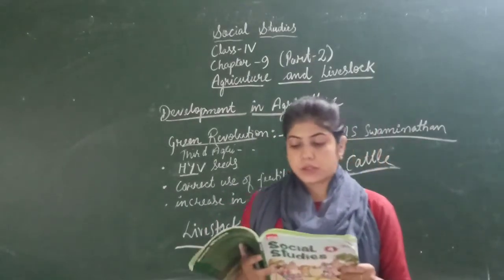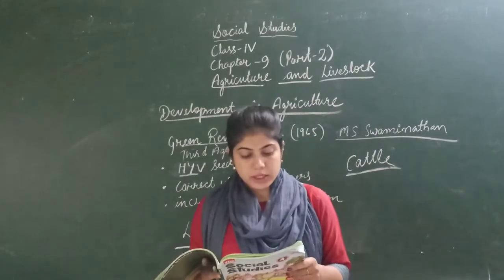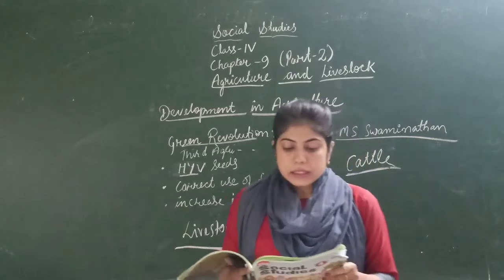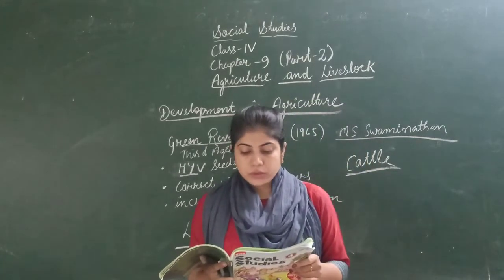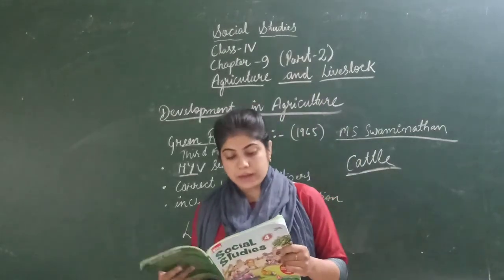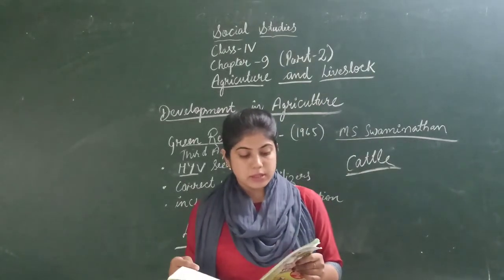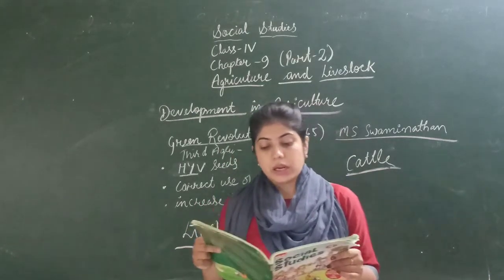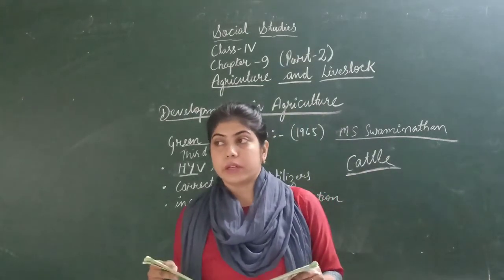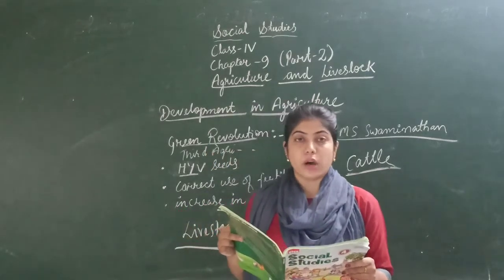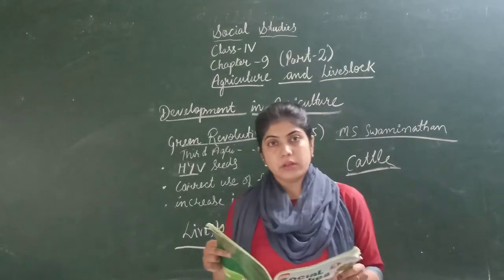That is the fodder for animals. Cow dung is used in villages to produce biogas. And agriculture and livestock together add to the progress of our country. That is agriculture and livestock both, that is the animals and the agriculture. They play an important role in the progress of our country or in the economic sector of our country. So these two are very important in our life.